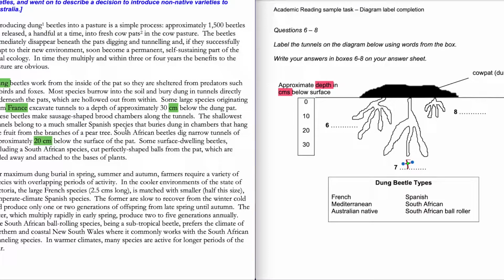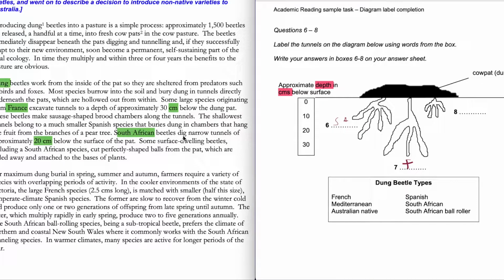So for South African, I'm gonna highlight it. It's gonna be South African. So the answer to question number 6 is gonna be South African. So I'm gonna write like SA just to. Okay, so further.